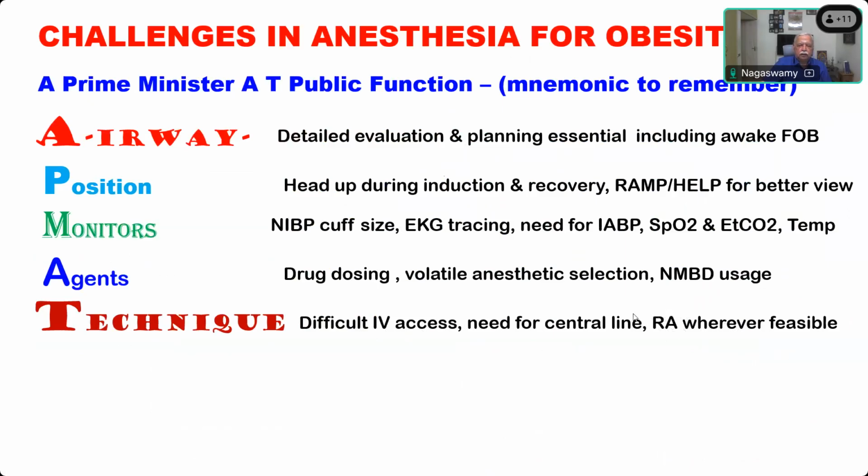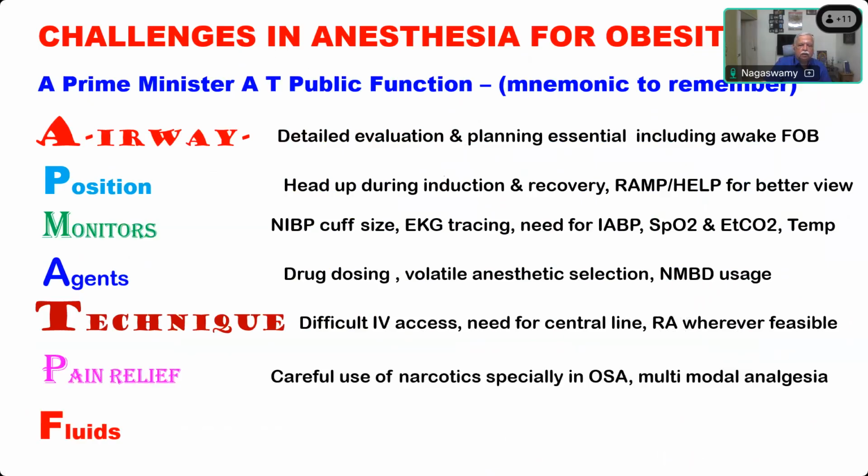Or with the challenges in the technique, you can also sometimes perform a continuous epidural in these patients, but it requires a lot of skill to correctly identify the space and the catheter and achieve that. And pain relief, you go for less narcotics and go for multimodal analgesia incorporating most regional techniques. And fluids, you give based on the lean body mass and avoid rapid filling, which I said earlier.